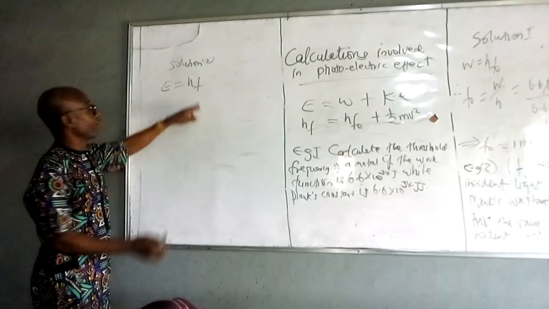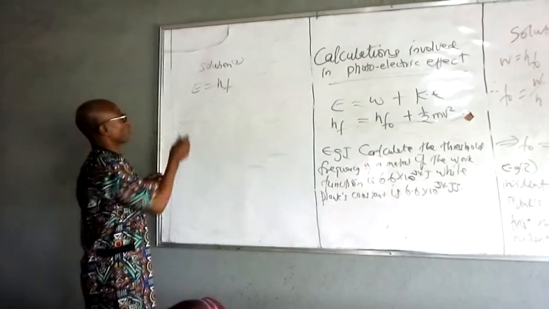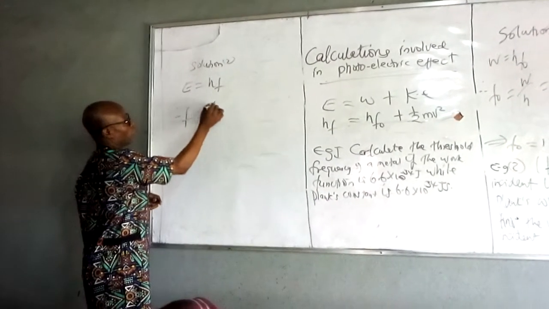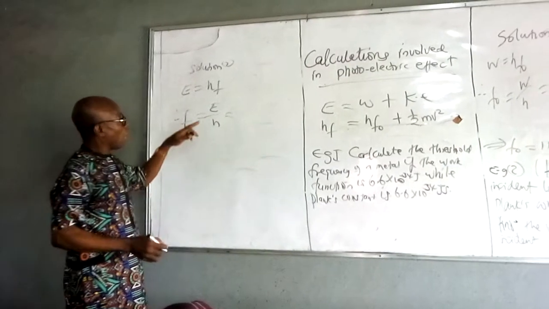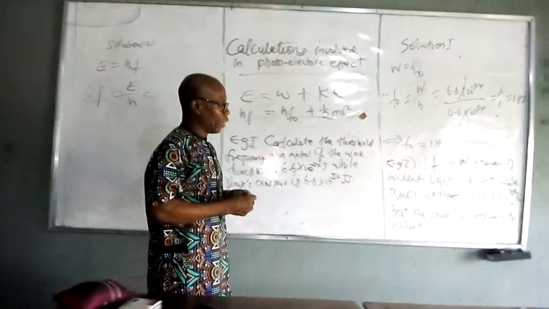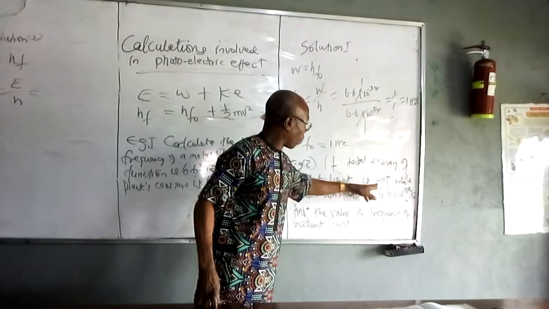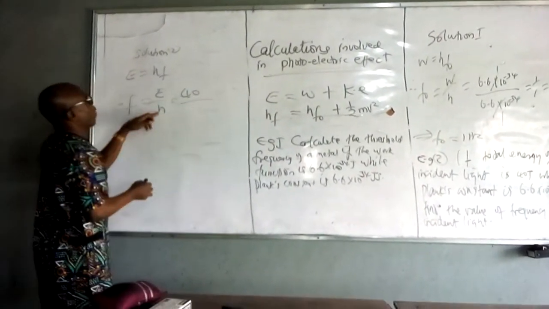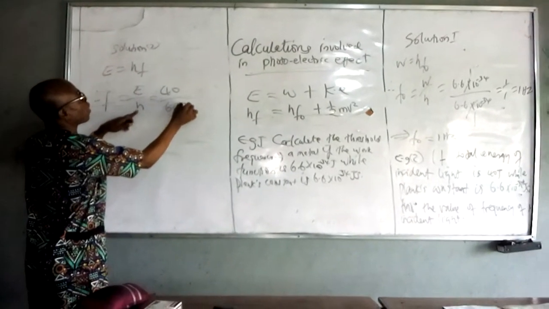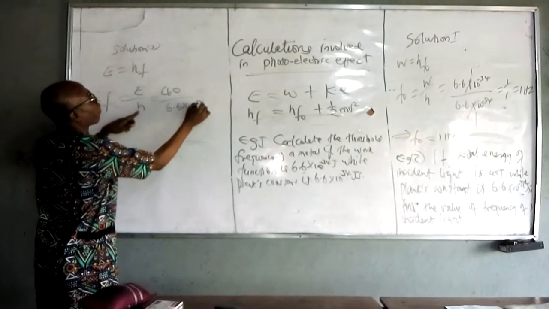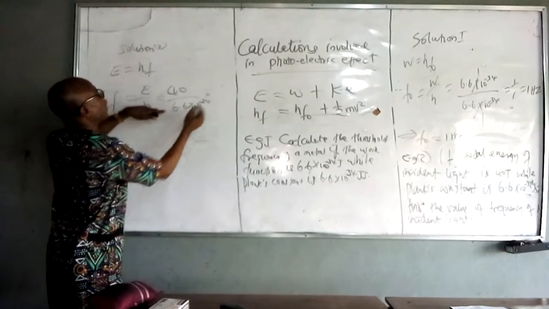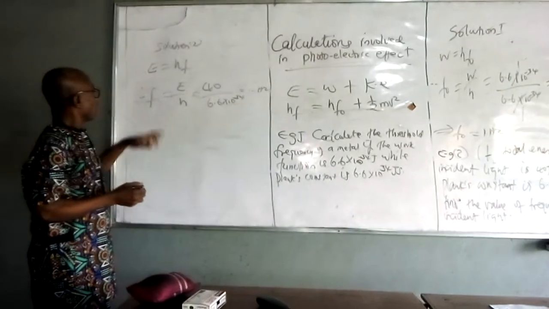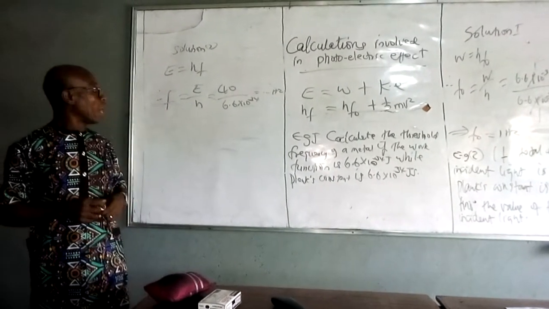So we make f the subject of the equation. Therefore, frequency of incident light is equal to E over h. And the value of total energy of incident light given in the problem is 40 joules, while Planck constant is 6.6 times 10 raised to the minus 34. When you divide it by this, the value you have is the frequency of incident light.